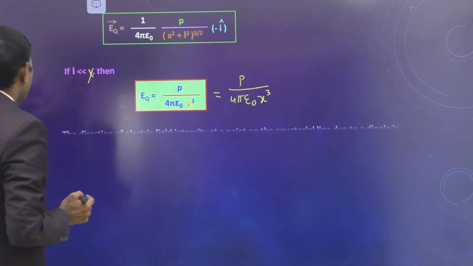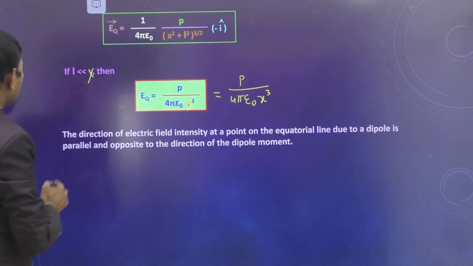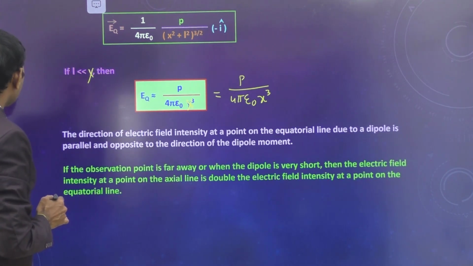So the electric field at a point on the equatorial line is given by that expression, opposite to the direction of the dipole moment.